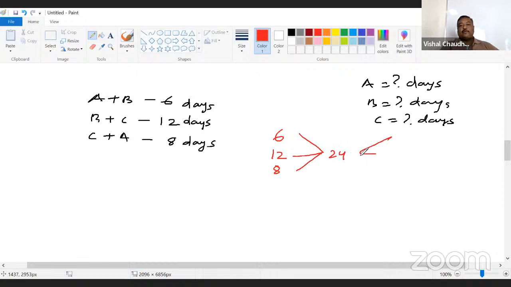LCM is 24. And what we have is 4 units per day, 2 units per day, and 3 units per day.